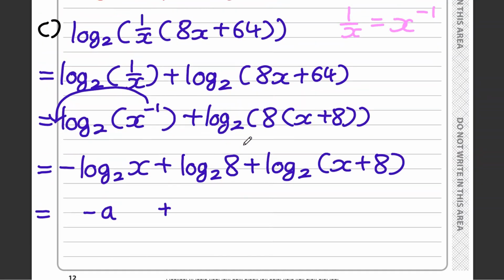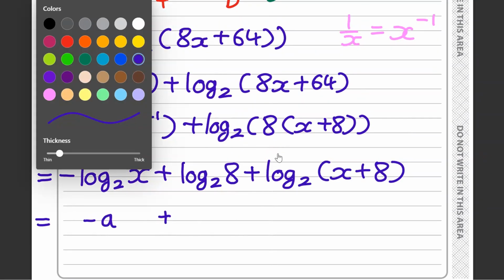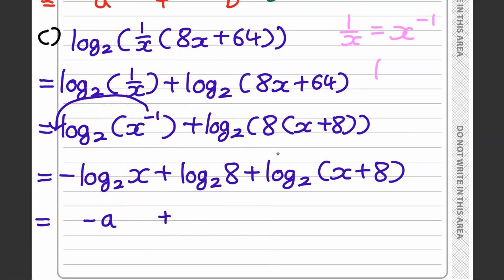When we have a log base 2 of 8, so let's say that we don't know what log base 2 of 8 is, what this actually means is that, so we have base 2 here, so it's 2 to the power of something is equal to 8. Well, here this question mark is going to be 3, because 2 to the power of 3 is equal to 8.